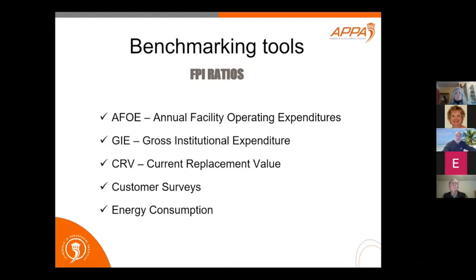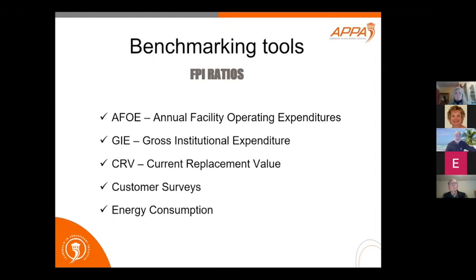It's helpful if you know your campus current replacement value, but the FCI has a way to come up with a reasonable estimate. And that's very important because well over 90% of the institutions in the United States have a lot more money invested in their facilities in current replacement value than they have in the endowment that supports the educational mission. So it's an important thing to keep track of.